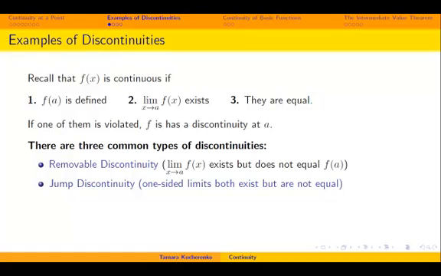Graphically, at a, the function jumps from one value to another. The piecewise defined function in the first example of this lecture had a jump discontinuity. Generally, jump discontinuities are common for piecewise defined functions.